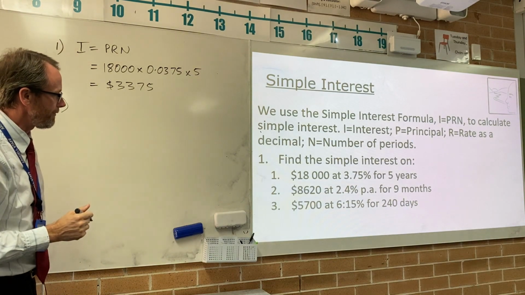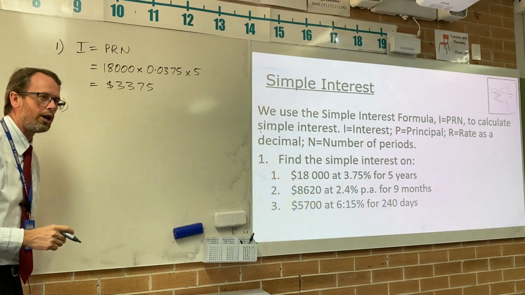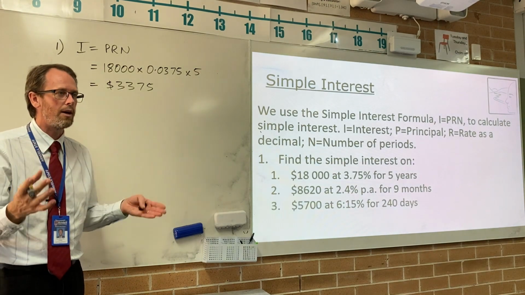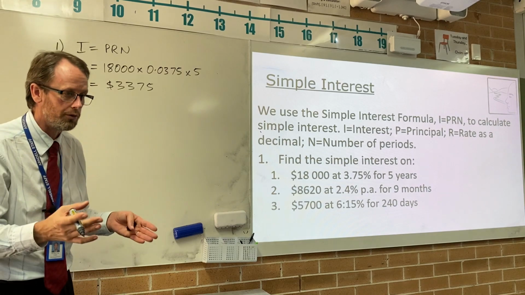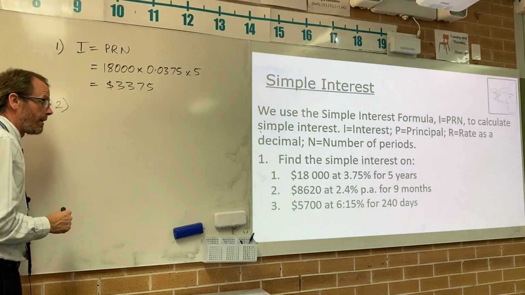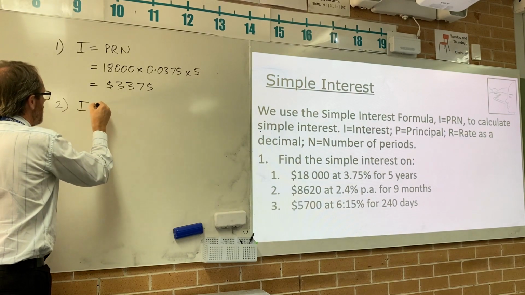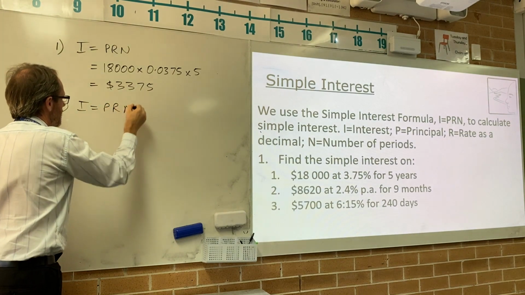Again, there's the information. This time it's for 9 months. 9 months, how many months are in a year? 12. 12, so it's 9 out of 12 months, okay, or years, should I say. So we write the formula, I equals PRN.